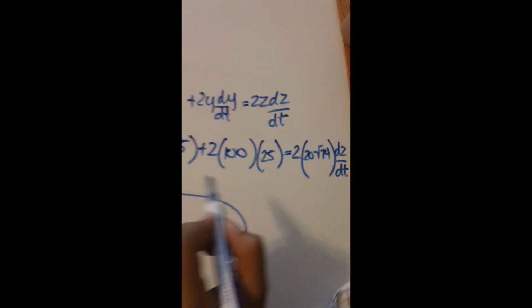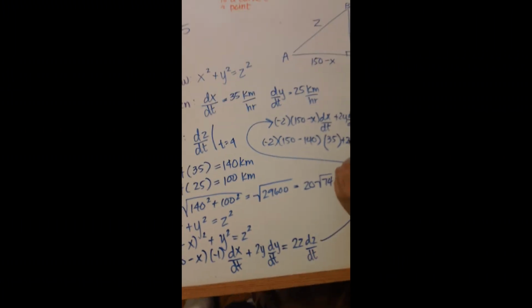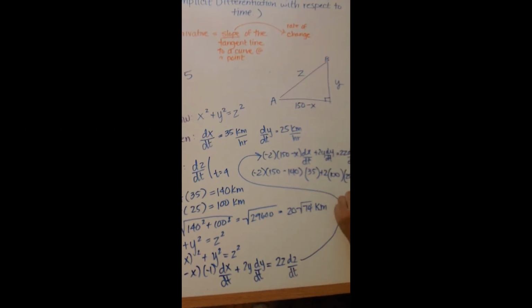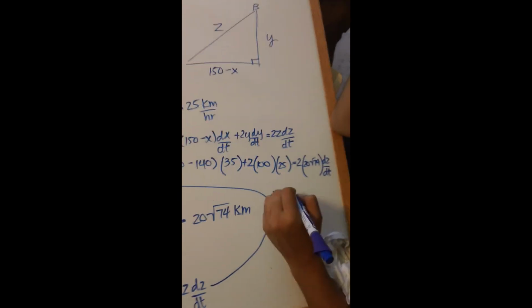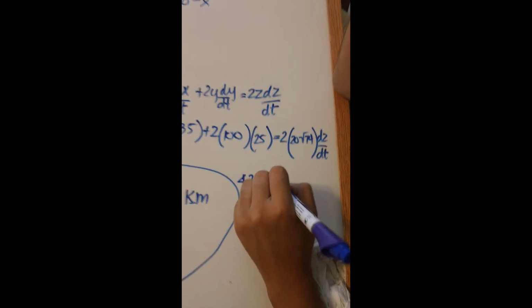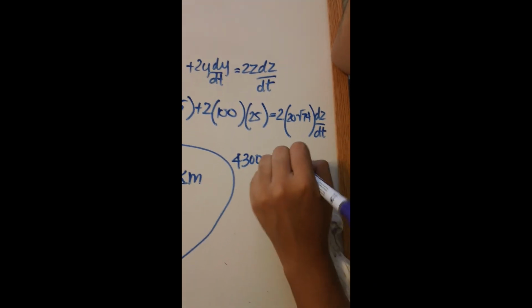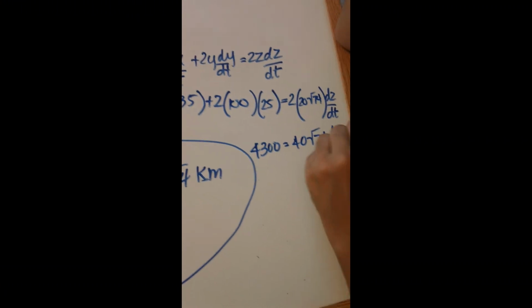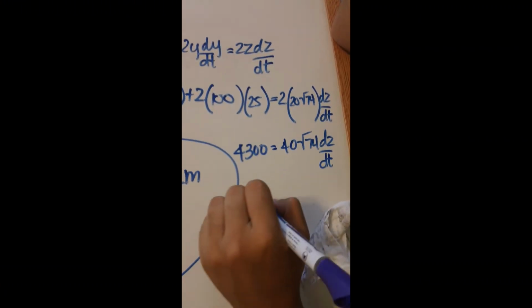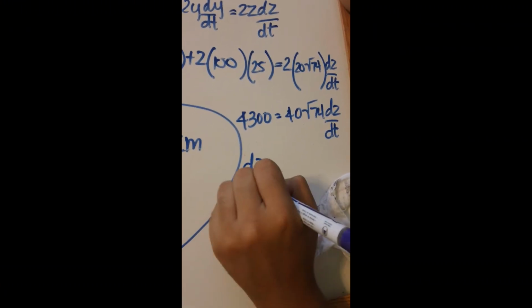Well, that's a lot, I know. So we're going to take the left side and simplify it. That actually becomes 4,300 equals 2 times the 20, which is 40 square root of 74 dz dt. You want to get dz dt by itself, so you divide both sides.